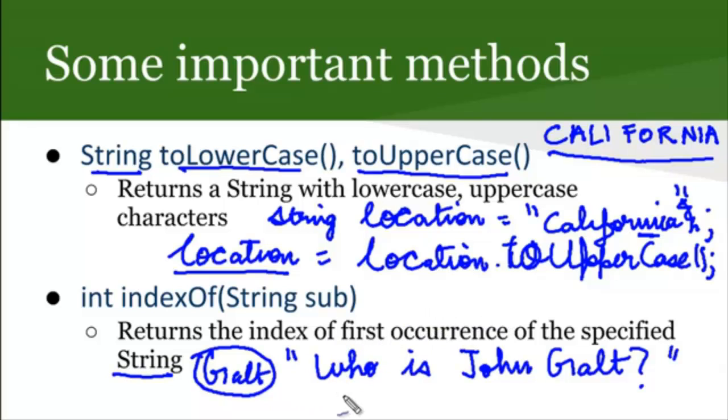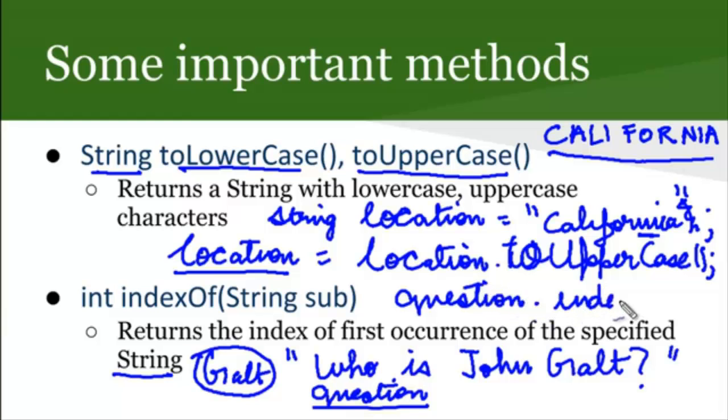suppose the string is being stored in question. So I'll do question dot indexOf, that's a capital O, small I, capital O, indexOf Galt. What it will return me is the first occurrence of this string.